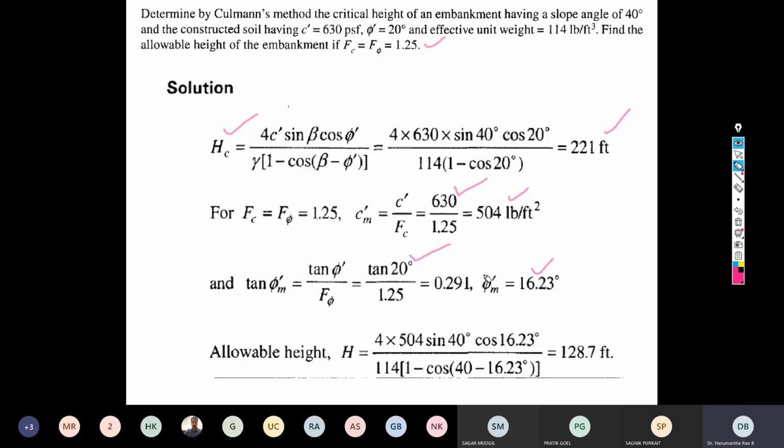Just to further reinforce the understanding of this, let me ask a couple of questions. When I say Fc is equal to Fphi is equal to 1.25, is this 1.25 also valid with respect to the strength?